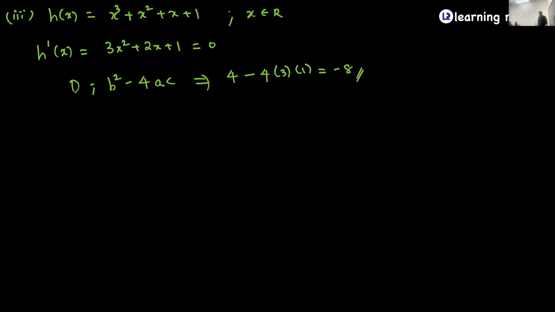It is a negative value. Since the discriminant is less than 0, no real roots are possible. Hence, this function also has no maxima or minima.